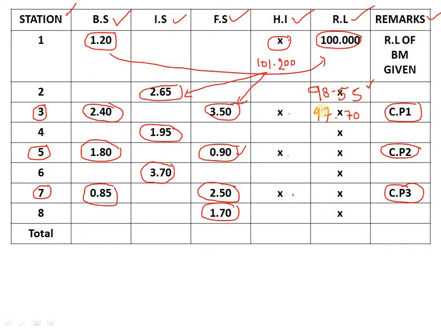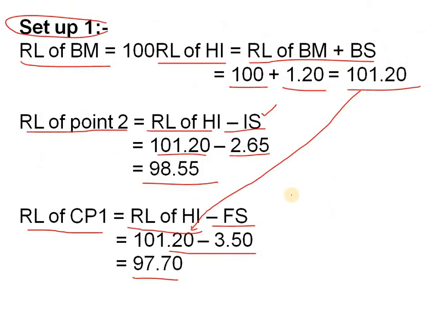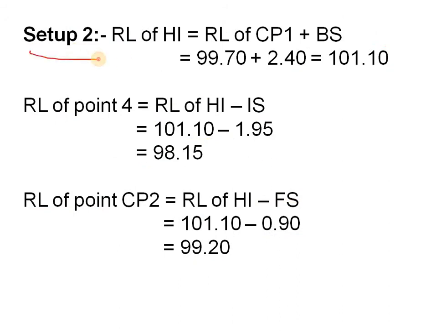Now again to get the HI of station 3, what we have to do? This 97.70, same formula, RL plus BS. BS is given as 2.40, in setup 2.